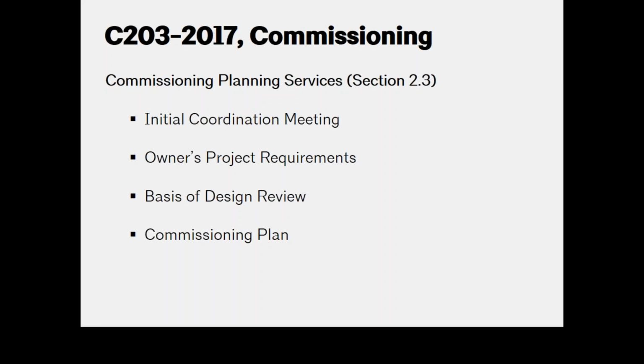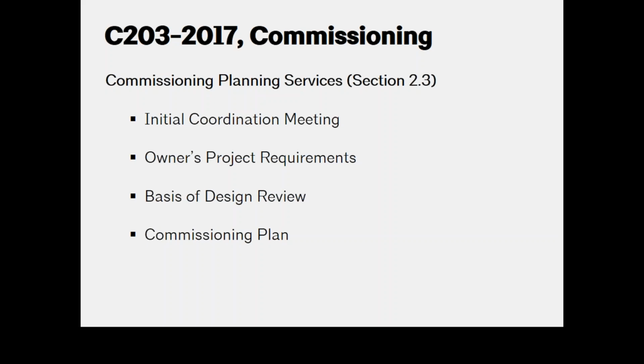The owner's project requirements is a fundamental document in commissioning, and it is a document that identifies systems and assemblies to be commissioned, and it defines the owner's goals for each, including things like functional expectations, performance criteria met by the design, and sustainable objectives to be achieved. And so if the owner already has that document when they engage the commissioning provider, the provider is going to be reviewing it. But if they have not, then the commissioning provider will assist in the creation of that document.